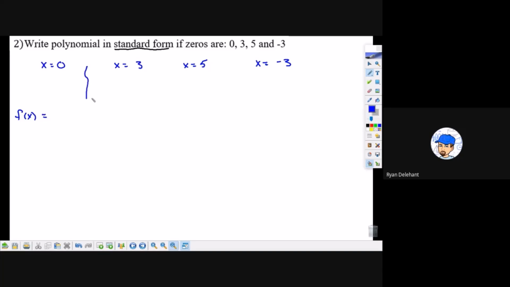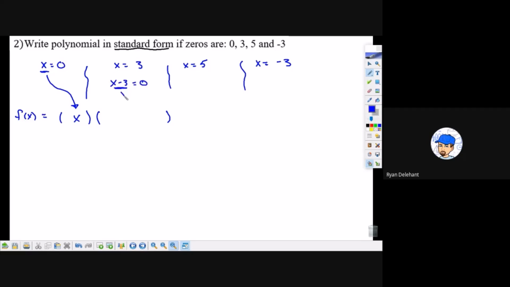Now remember these 4 setups right here, we have to work backwards and figure out when they're equal to 0. So this is just x equals 0. Since it's already equal to 0, it goes into the parentheses all by itself. This one gives us the next set of parentheses. We've got to solve this for equal to 0, so we'll subtract the 3 from the other side.